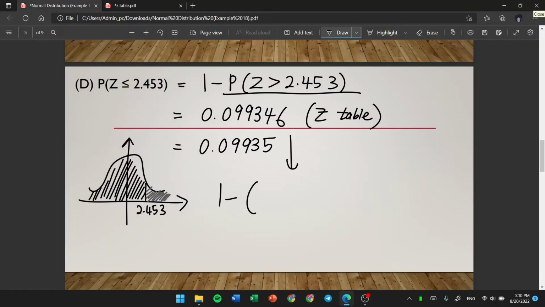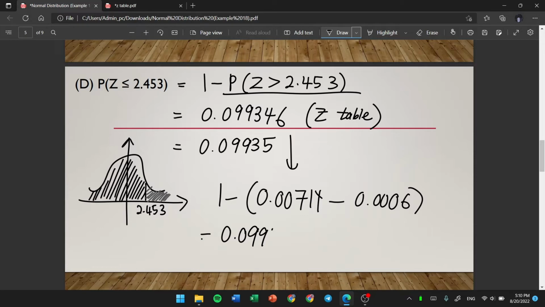Correct. 0.00714 minus 0.0006. Okay. Then you get your answer: 0.0099935.